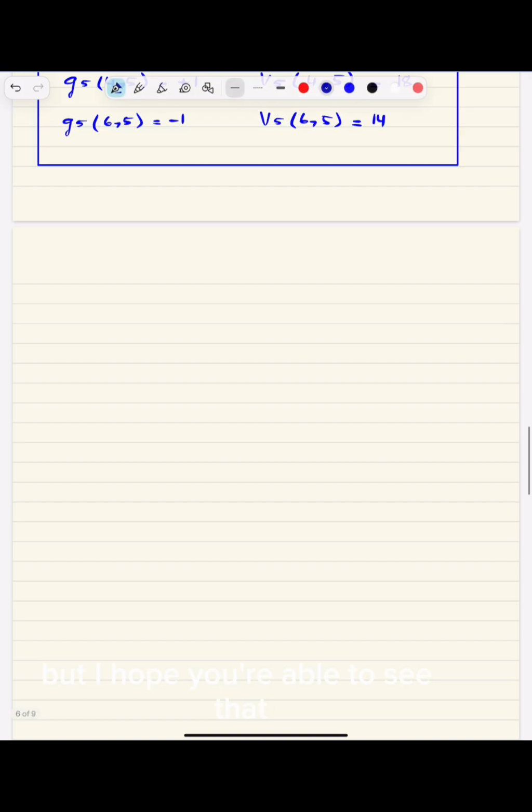But I hope you're able to see that what we're doing is seeing the value of the state variable such that we are maximizing the utility at that time period when you take that action, plus the value of all the future actions which come from the next time state variable.